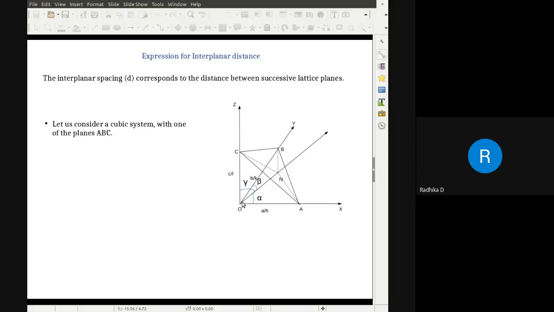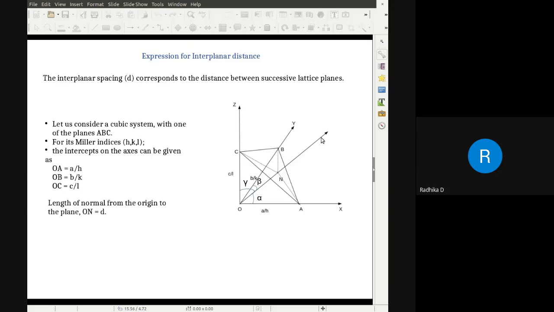Okay. Now next, you are going to draw a normal to this plane. This is the normal which you have drawn, ON.